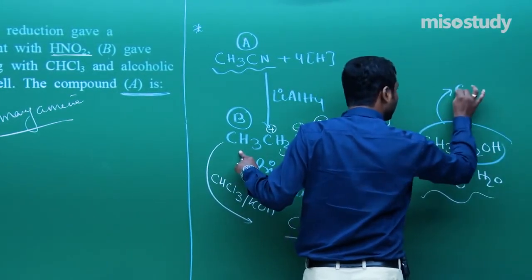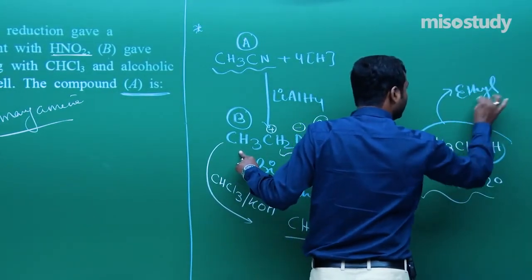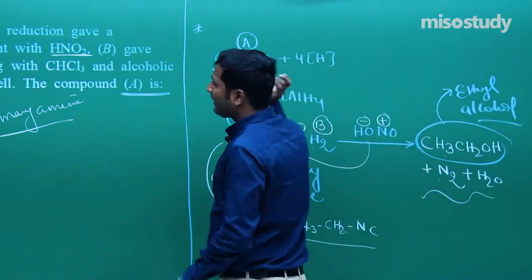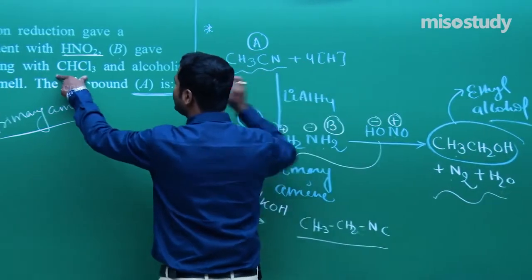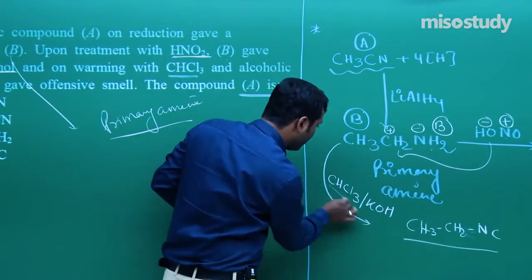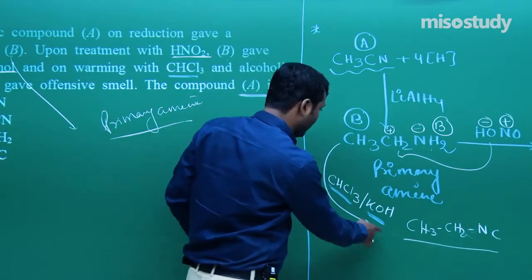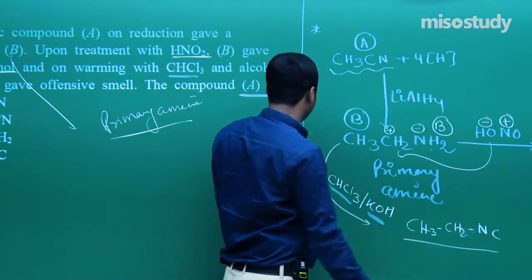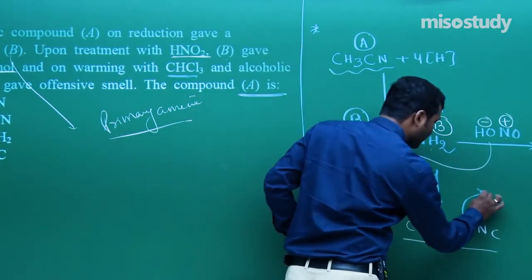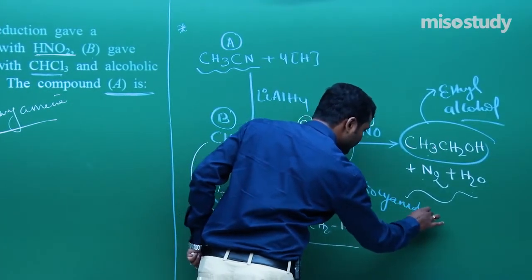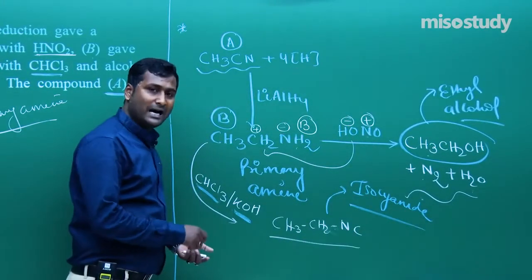And on warming with CHCl3 and alcoholic KOH, it gives an offensive smell due to the formation of isocyanide.